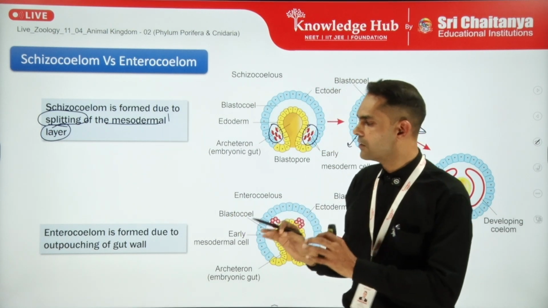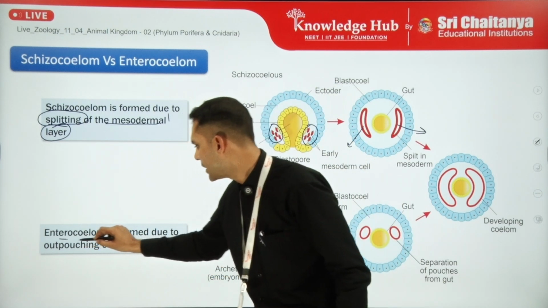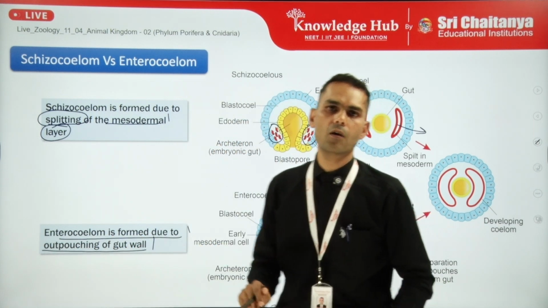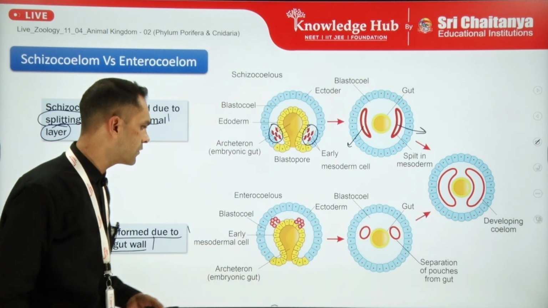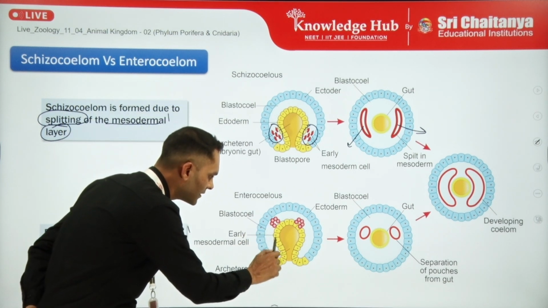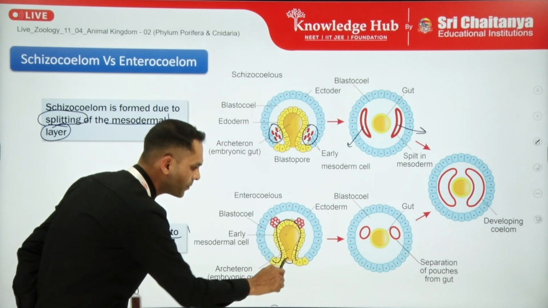Now let us take a look at the enterocoelom development method. Now enterocoelom is formed due to the outpouching of gut wall. Now what is the meaning of outpouching of gut wall? As we can see that in this method, this is the gut lining, this is the archenteron cavity, this is the blastopore.